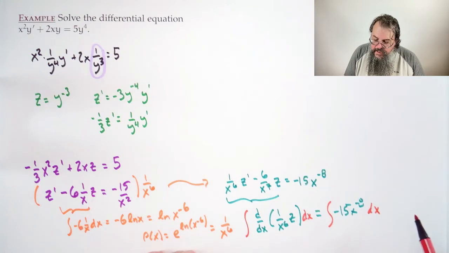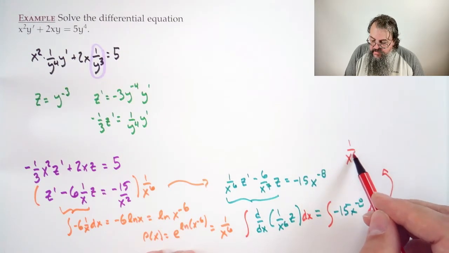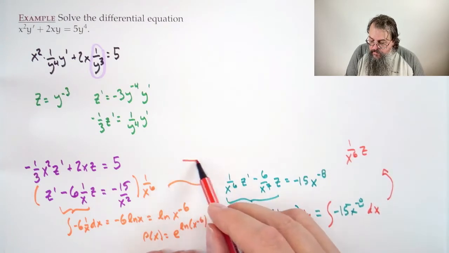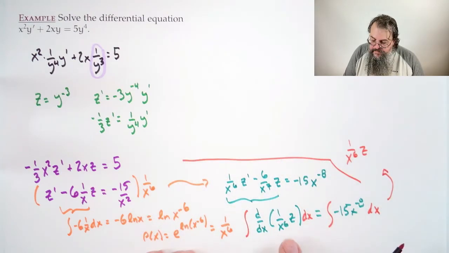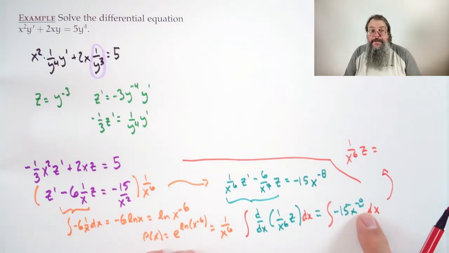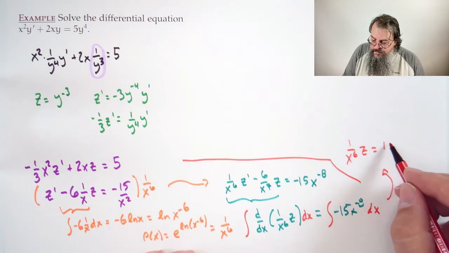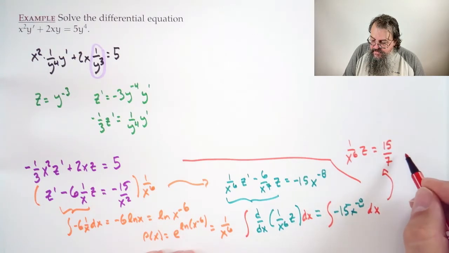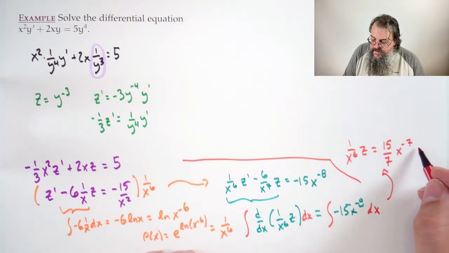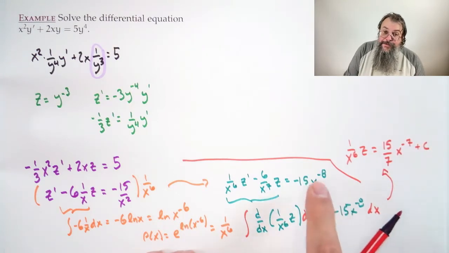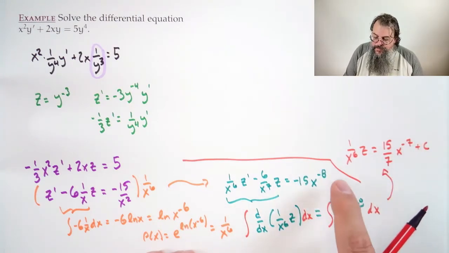So we have, moving on up, 1 over x to the 6 times z. That's that side. Equals, okay, so here we'd add 1, so that would make it x to the minus 7. We divide by minus 7. So the minuses cancel out. 15 sevenths x to the negative 7 and plus c, multiply through by x to the 6.